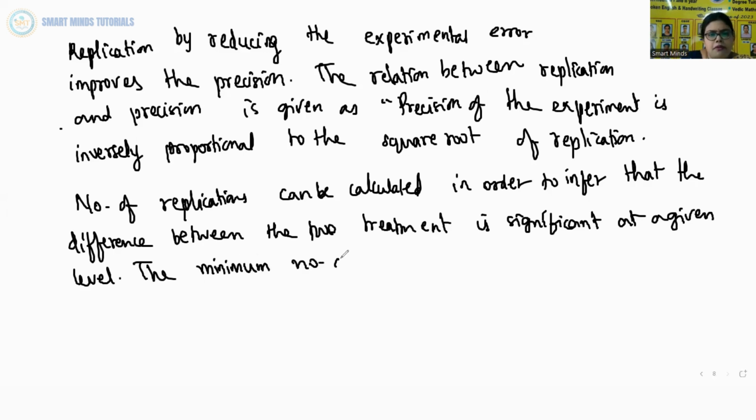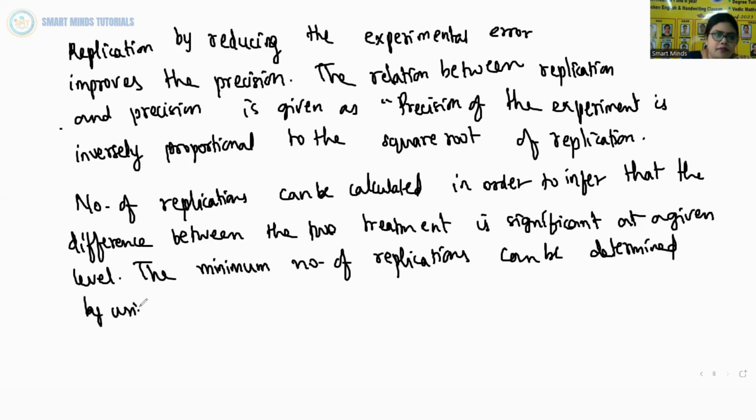And the minimum number of replications can be determined by using the following equation.